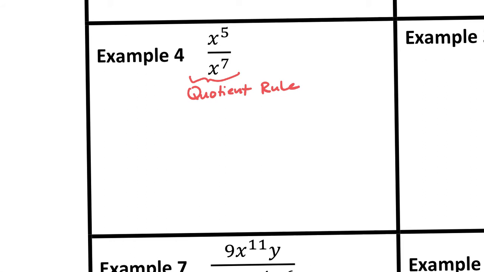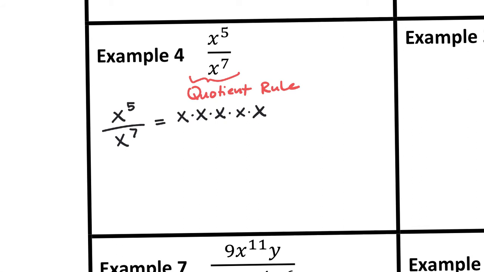And so for this one, what we're going to do is we have x to the power of 5 on the top and x to the power of 7 on the bottom. And so remember what we said, it's like if we have x times x times x times x times x.